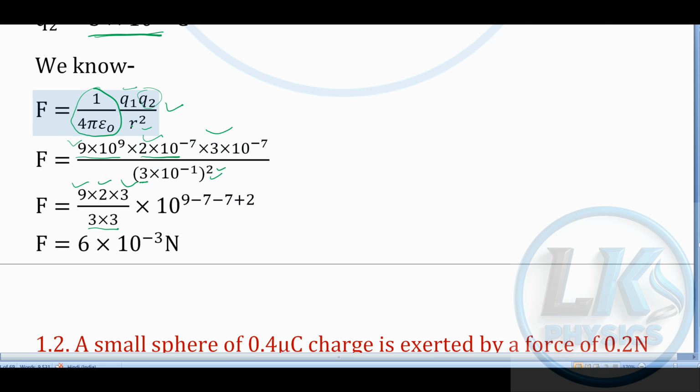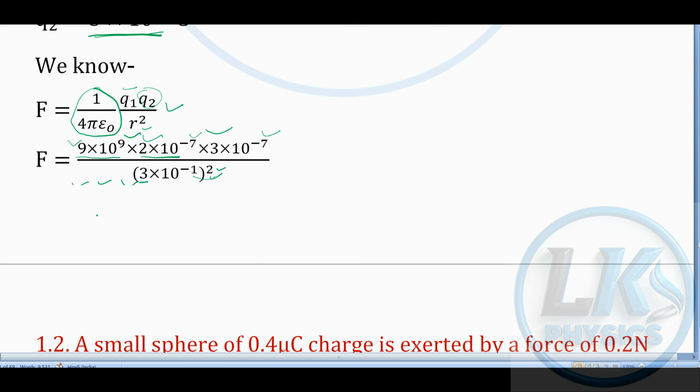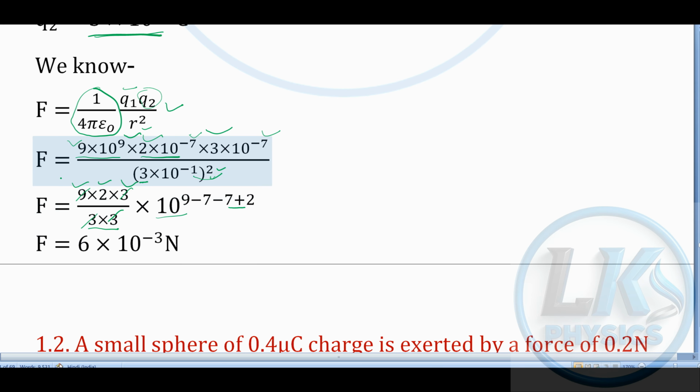Now see the powers: 10 raised to power 9, then minus 7, then minus 7, and it becomes minus 2 in the numerator, it becomes plus 2. So 9 minus 7 plus 2. Cancel out 3: 3 threes are 9, 3 twos are 6. This is 6, and the power will be 10 raised to power minus 3. Hence the force acting between these charges is 6 into 10 raised to power minus 3 Newton.